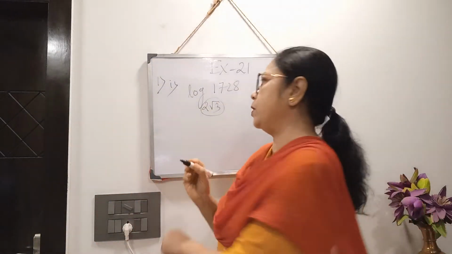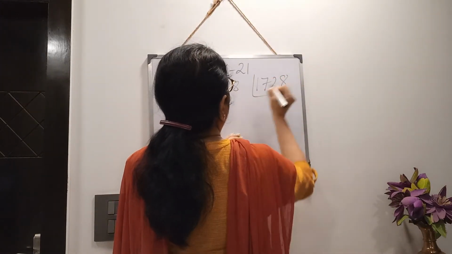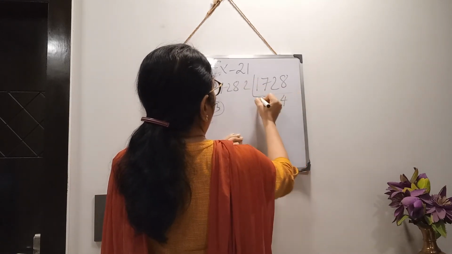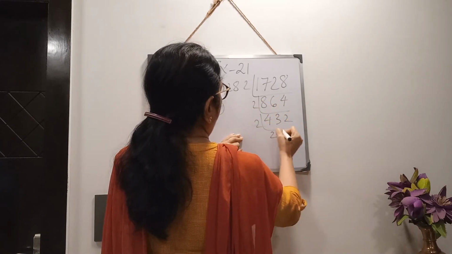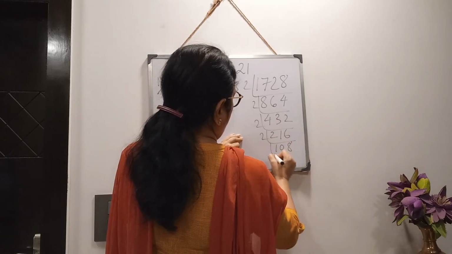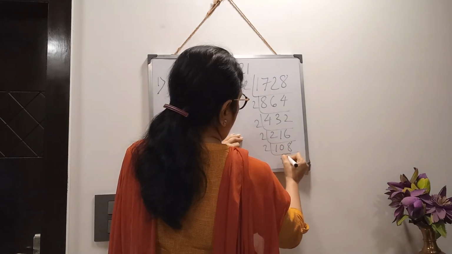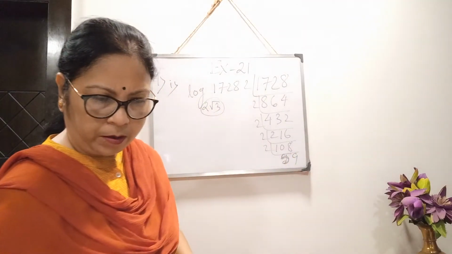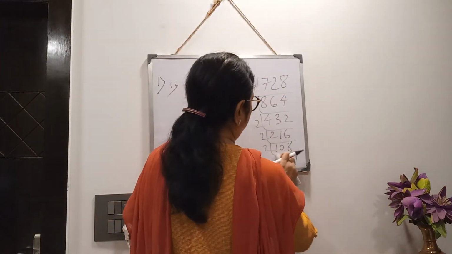So we will factorize 1728. Let's see. Dividing by 2, then 108, sorry, I'm doing 52.